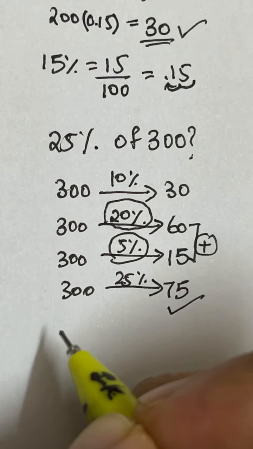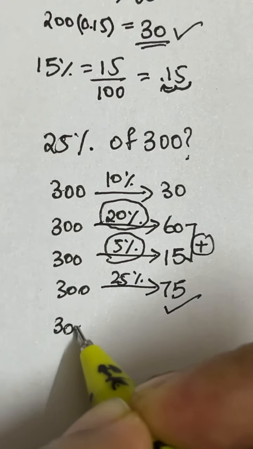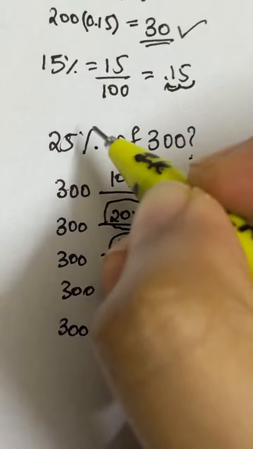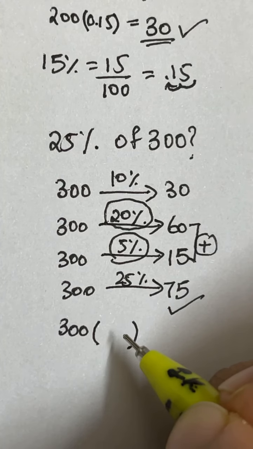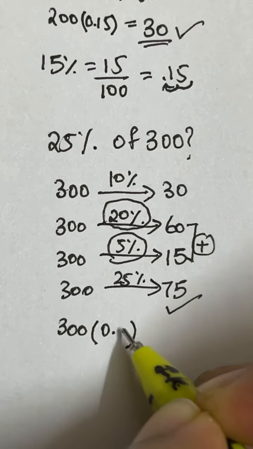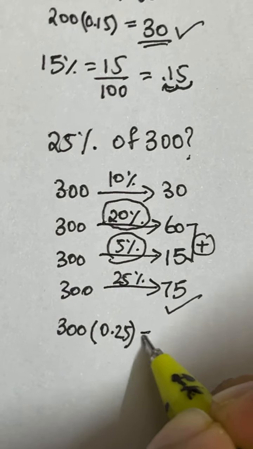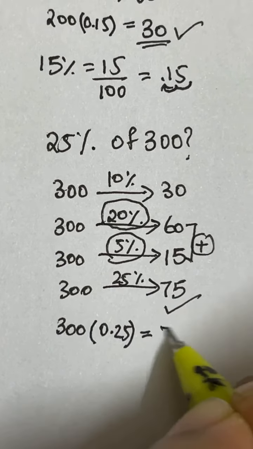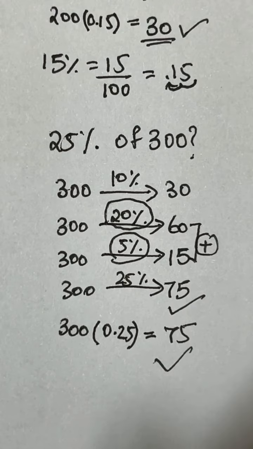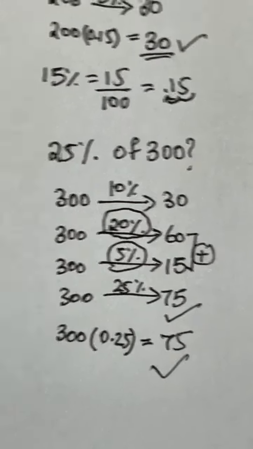You're going to write the number 300 times the percentage in decimal. 25% in decimal is 0.25, and 300 multiplied by 0.25 using your calculator again gives you 75. That's right. Okay, let's see another example on this.